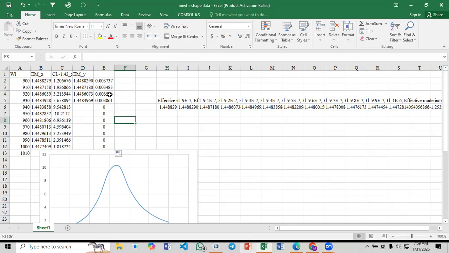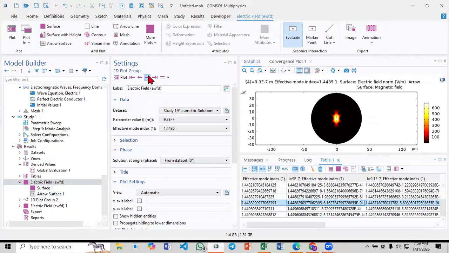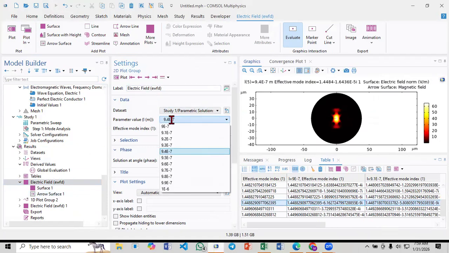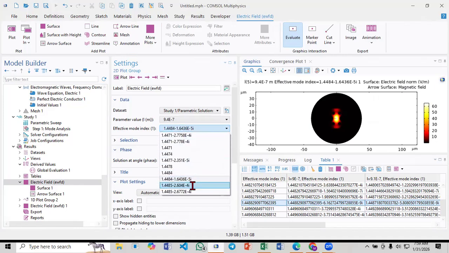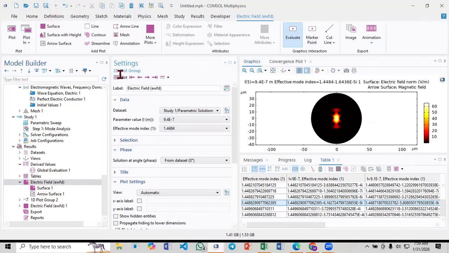Okay, perfect. Now what you have to do? You have to find other values for 1000. So maybe this one, sorry, this one is the core mode for vaporized.